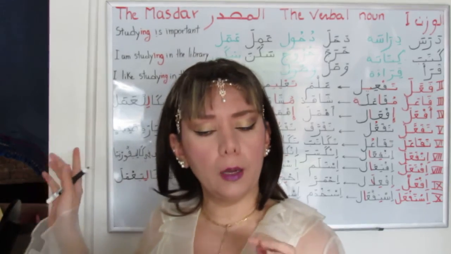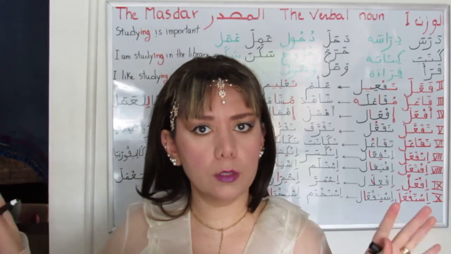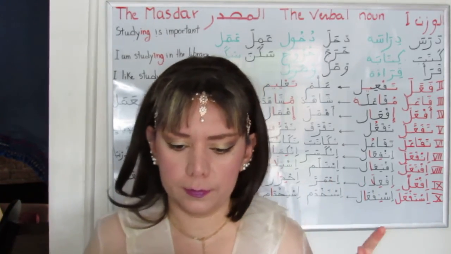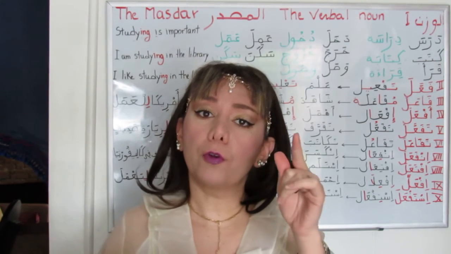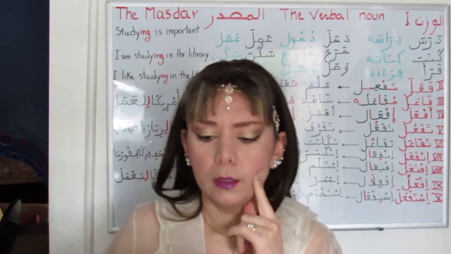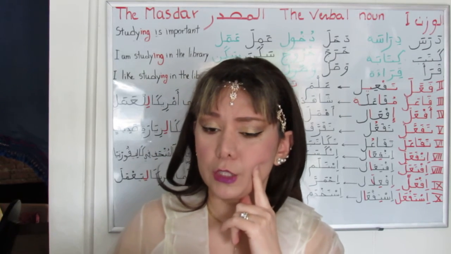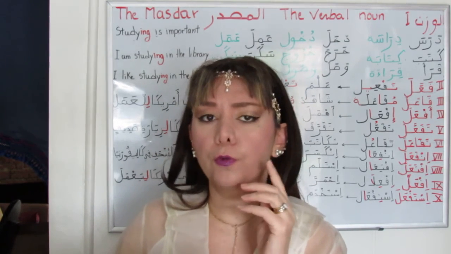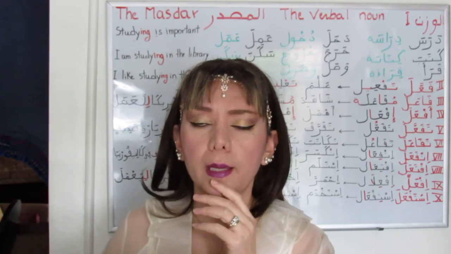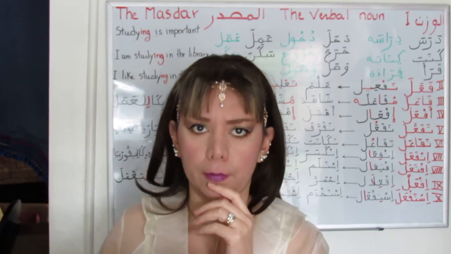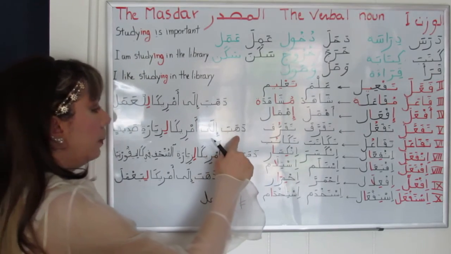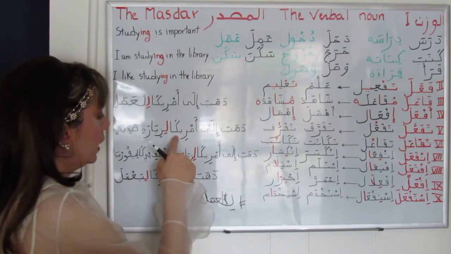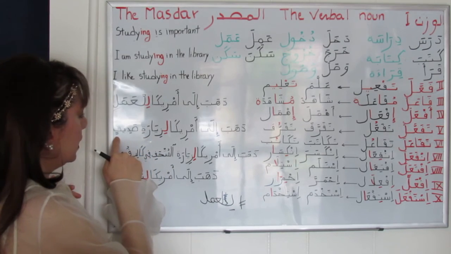So the verbal noun will almost always be definite. The only time a verbal noun can be indefinite is when it's used as the first term of an indefinite إضافة. How? ذهب إلى أمريكا لزيارة صديق.